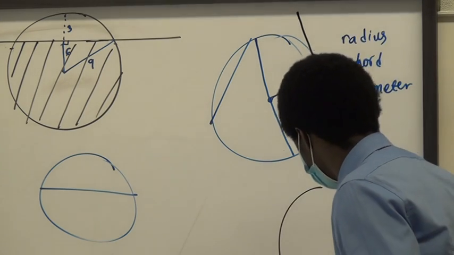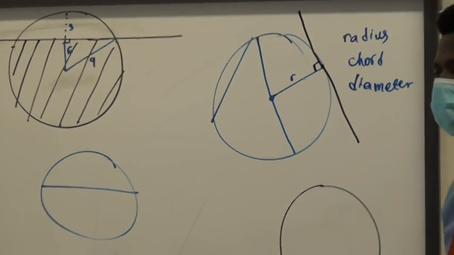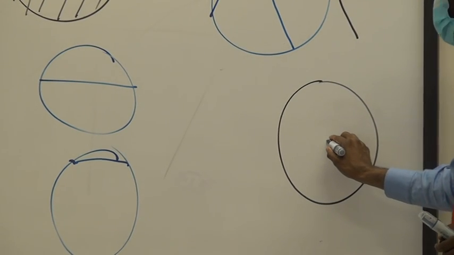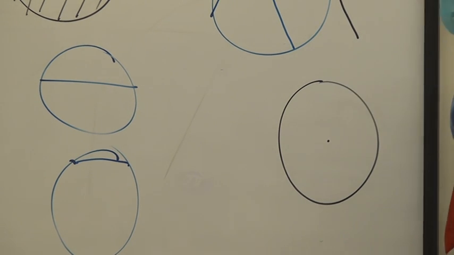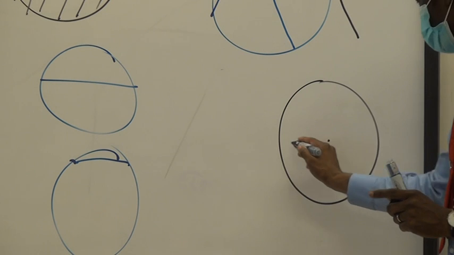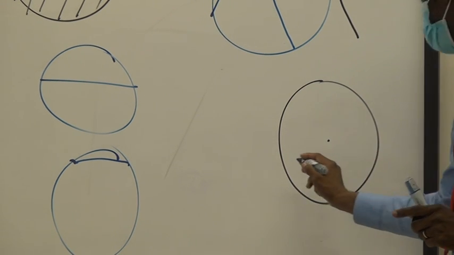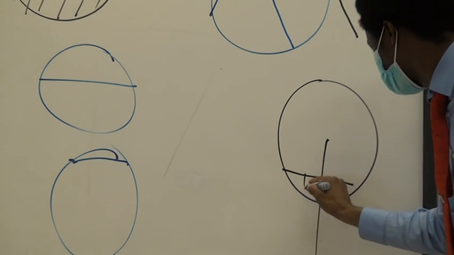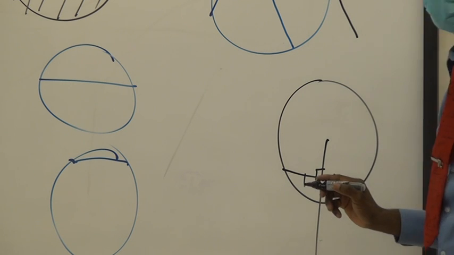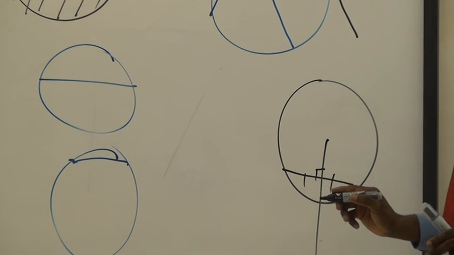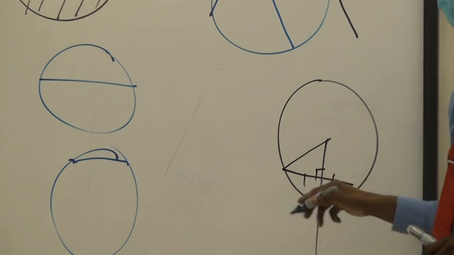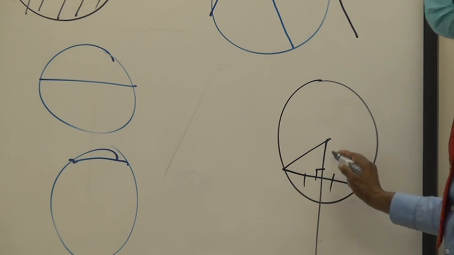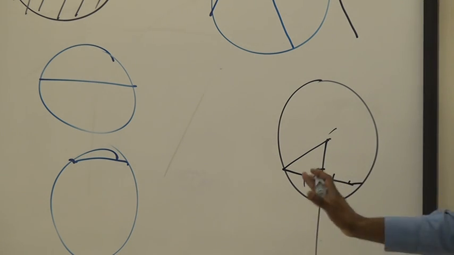A particularly popular theorem in circle geometry: any line drawn from the center of a circle to bisect a chord which is not a diameter, which means not the one that passes through the center, any other chord, it could be here, any straight line that comes from the center to bisect this must be perpendicular to it. That's a theorem in circle geometry. So that's why we always form a right angle triangle. We talk about the length of the chord, the distance of the chord from the center, and the radius. There's a theorem you must have learned in IGCSE.